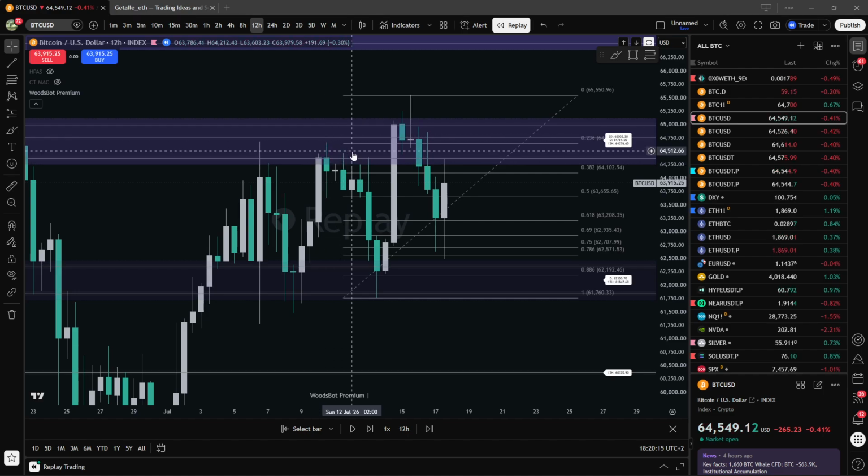As you guys know, my triggers for longing are bullish divergence, Woodsbot levels being hit, Fibonacci levels being hit, and decreasing volatility. On the 12-hour time frame, nothing is there. The only thing that happened was it hit my 12-hour Fibonacci levels, but there were no Woodsbot levels and no bullish divergence on the 12-hour.